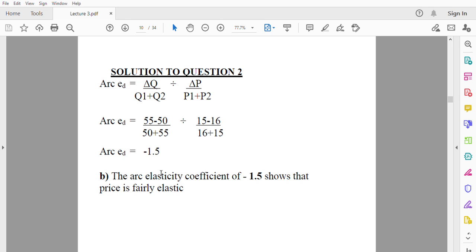Right, so if you tried the question and you got this answer, then that was right. Now the interpretation, you realize that this is also greater than 1, 1.5. So the arc elasticity coefficient of 1.5 shows that demand is fairly elastic.